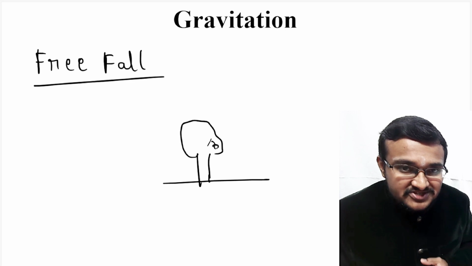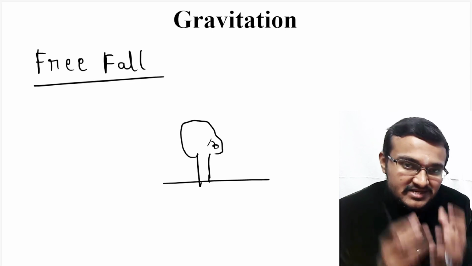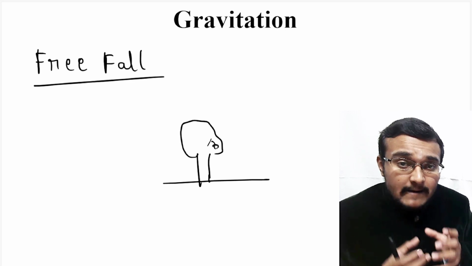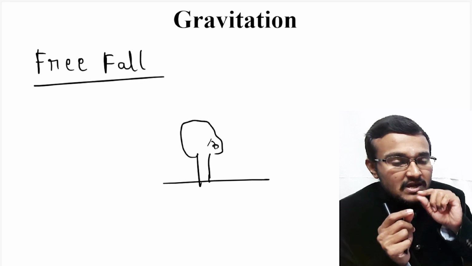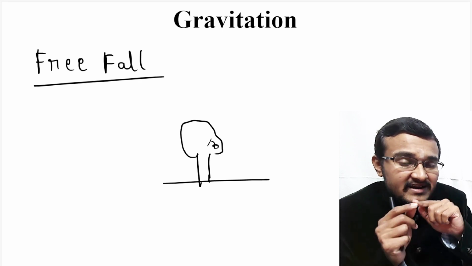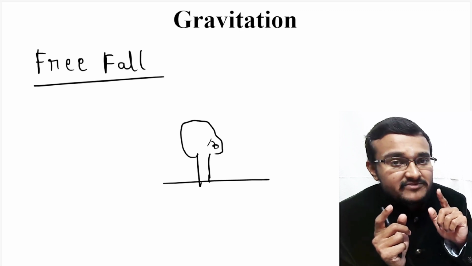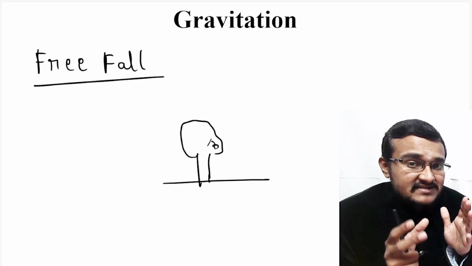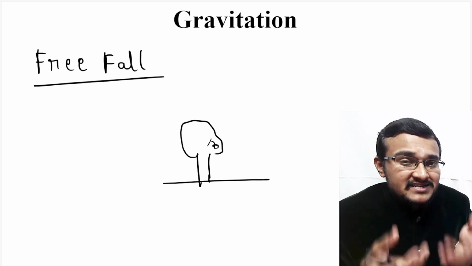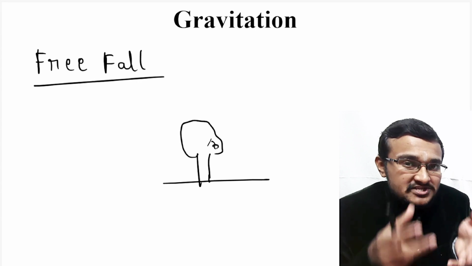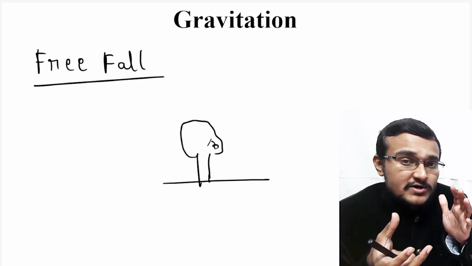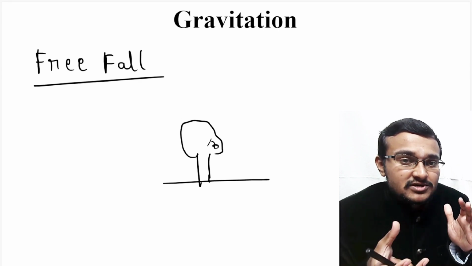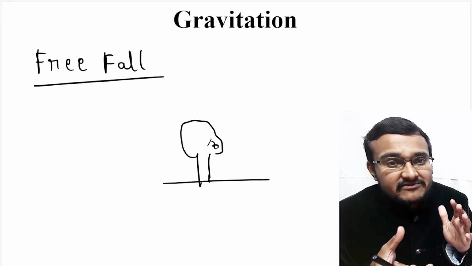Before detaching from the tree also, the apple was experiencing the gravitational force of Earth, but the tree was holding that apple. But when that hold became weaker and the apple got detached, the tree didn't have the necessary amount of force to hold the apple in air. So the apple came into the direct influence of Earth's gravitational force.